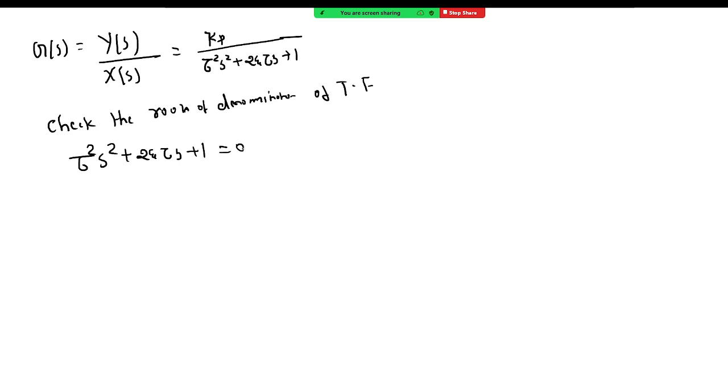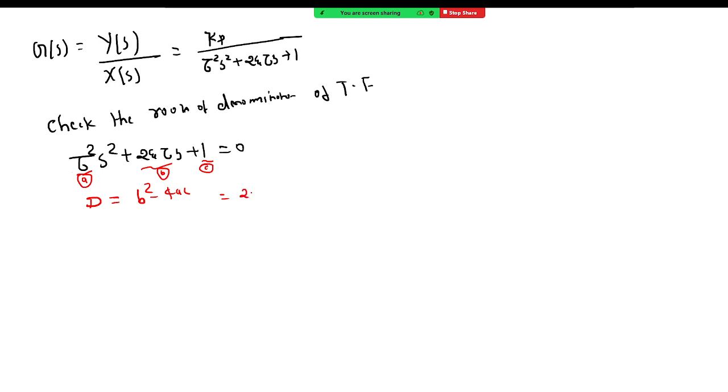This is a quadratic equation, so I can calculate its roots. How can I calculate the roots of a quadratic equation? First I'll calculate the discriminant, which is b square minus 4ac. So this one is your b, this one is your a, and this one is your c.